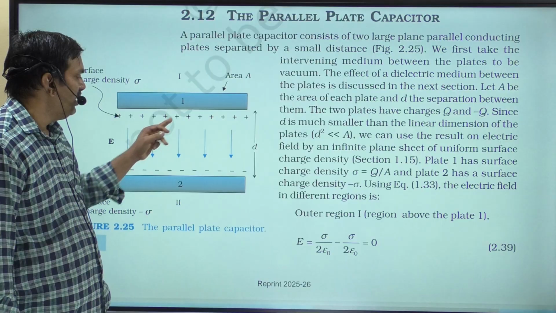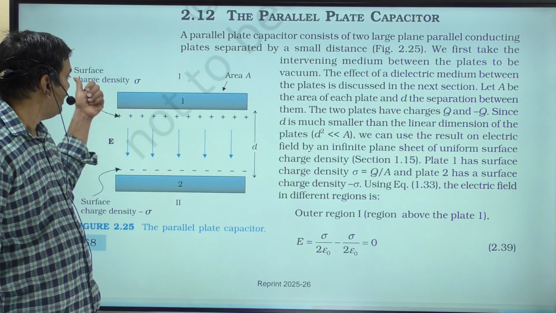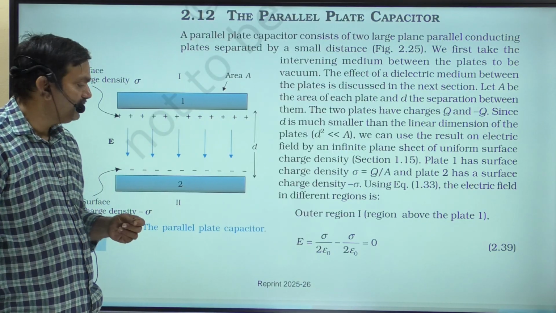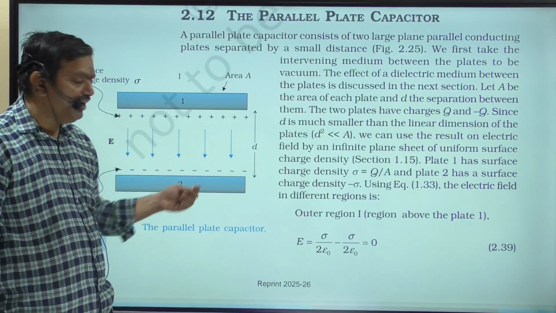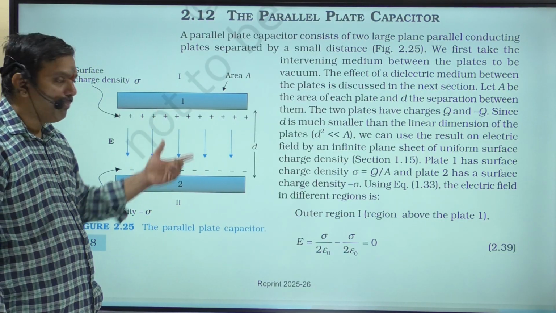Both plates, 1 and 2, have the same area, and there exists an electric field from positive charge to negative charge, since there is a positive charge on plate 1 and an equal amount of negative charge on plate 2, separated by a medium.